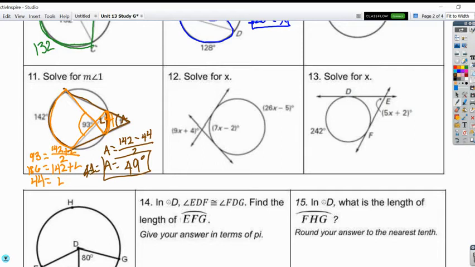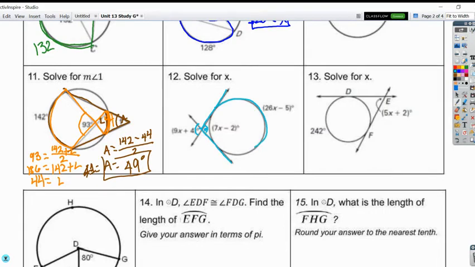All right, number 12 has lots of amazing details going on in here. Solving for x. So first of all, I'm going to recognize that I have vertical angles here. So this angle that I'm going to put a polka dot in, that's the outside angle to the circle that we're talking about, but it is the same as the 9x plus 4. And with that outside angle, you can look for your flashlight beams.